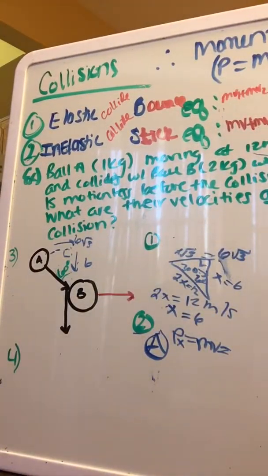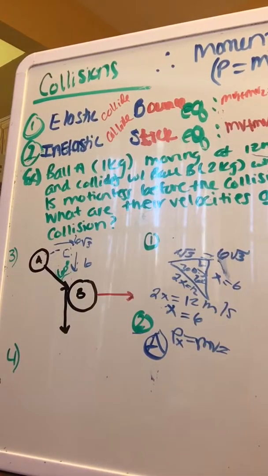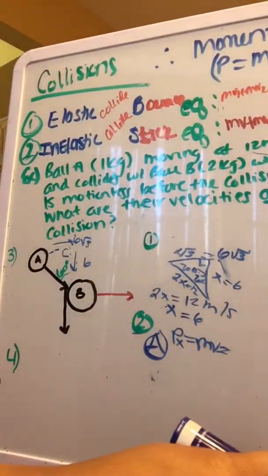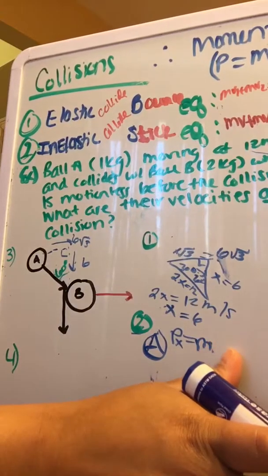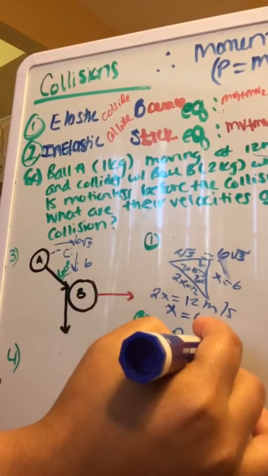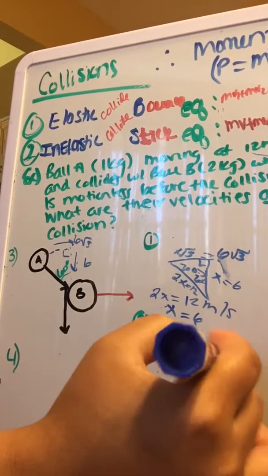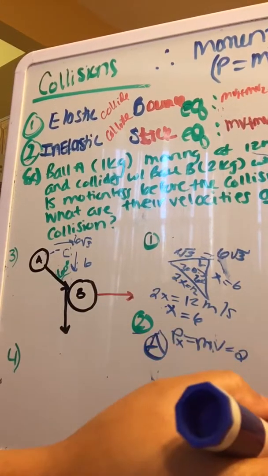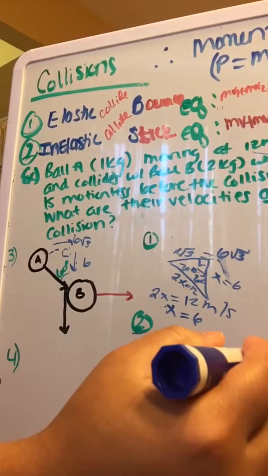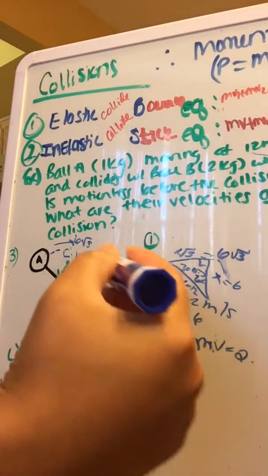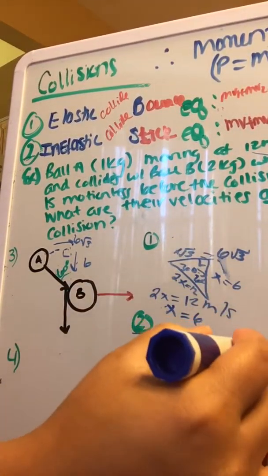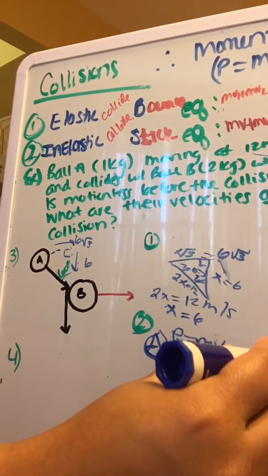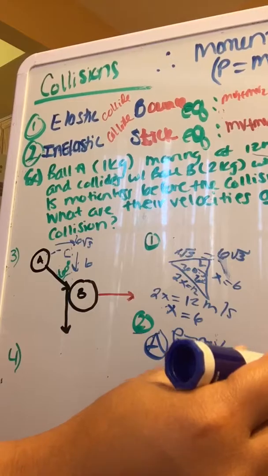So in the video, Regan, you put the mass as 2 for ball A. I don't know if this is correct or if it was a mistake or if I'm not understanding something correctly, but I would assume that the mass would be 1. But we're gonna go with 2. That's what Regan did. Times the velocity in the x direction, to the right, 6 root 3, gives us 12 root 3.